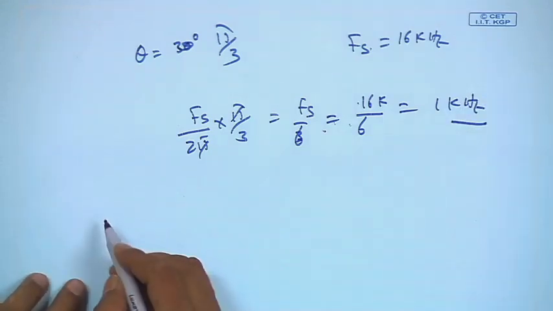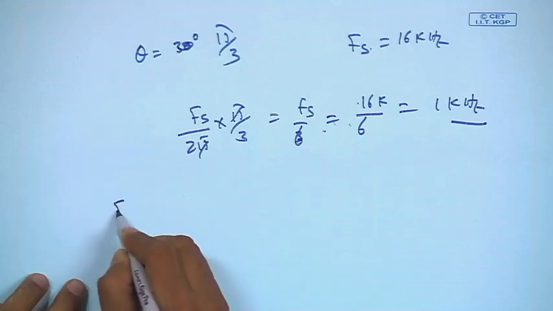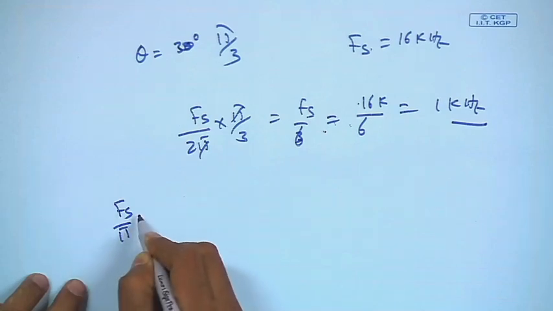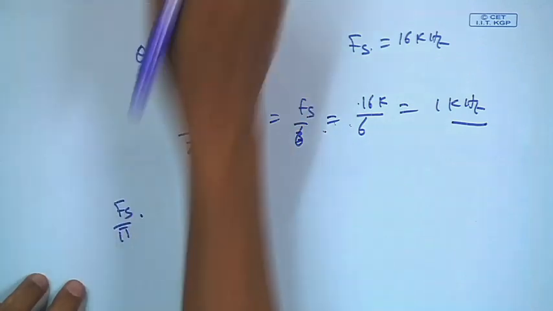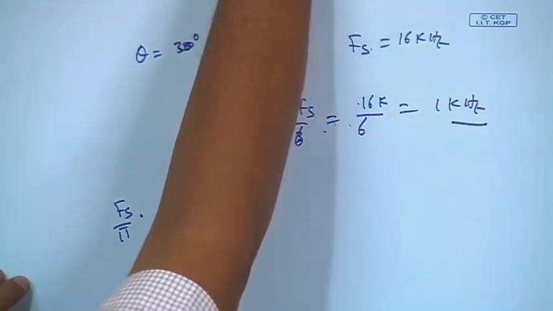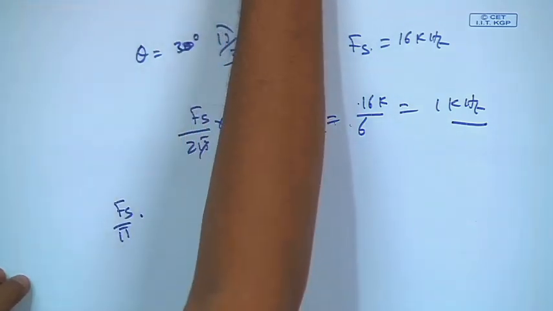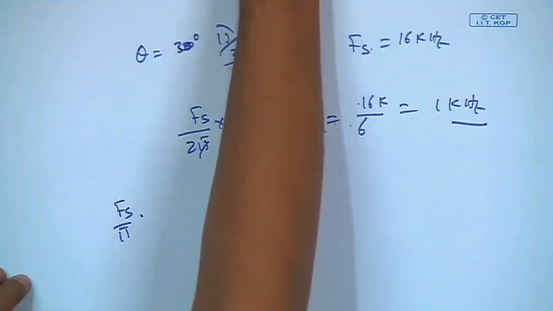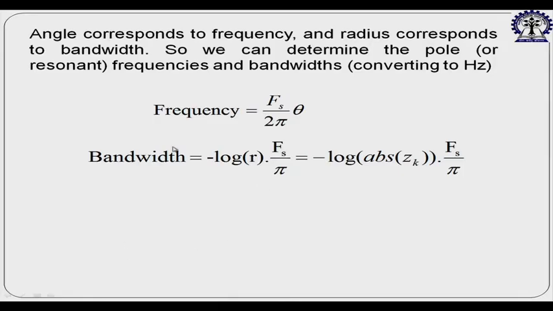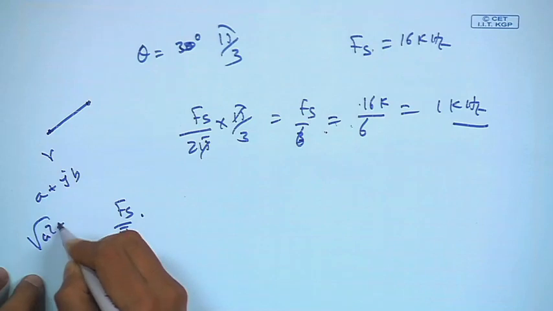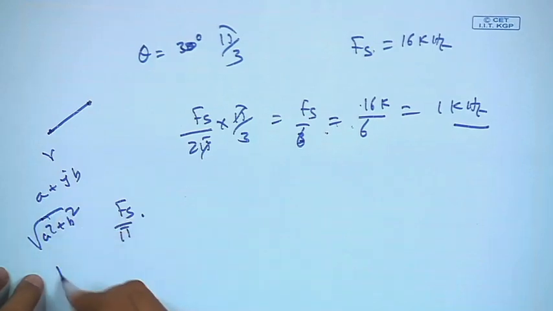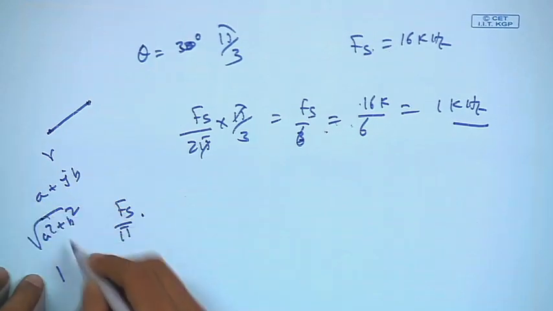And formant bandwidth is nothing but Fs by pi into log of r, with a minus sign. What is r? R is nothing but the absolute value. If the complex pole is a plus j b, then r is root over a square plus b square, or mod of z k if the pole is z k.